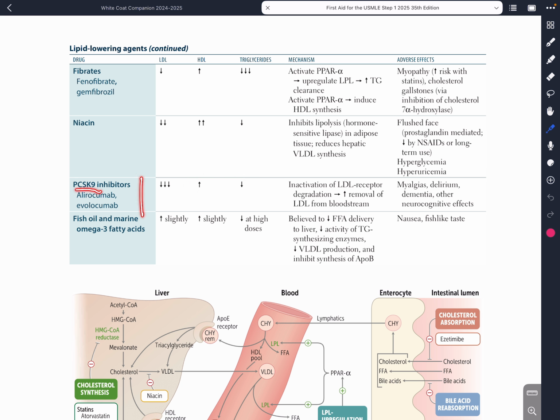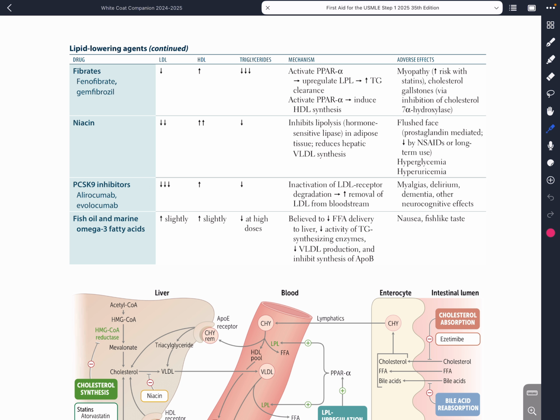So PCSK9 is not the first drug of choice because of the cost of the drug. The mechanism of action is inactivation of LDL receptor degradation, which increases removal of LDL from the bloodstream. Adverse effects are myalgias, delirium, dementia, and other neurocognitive effects.